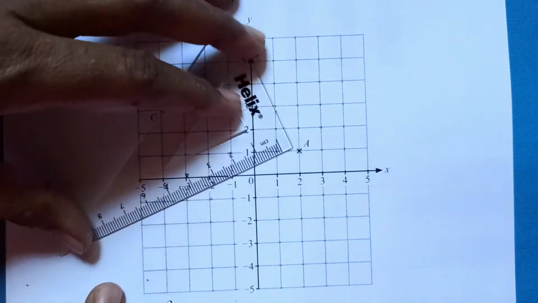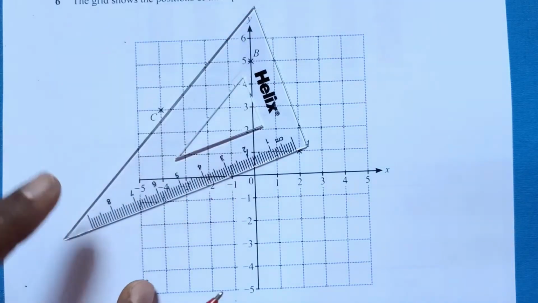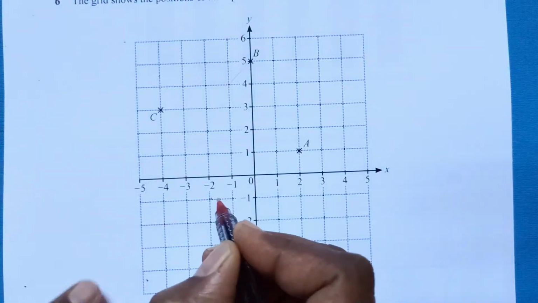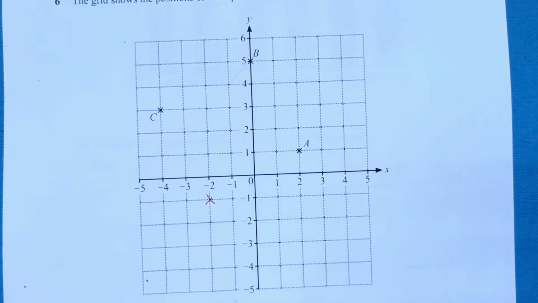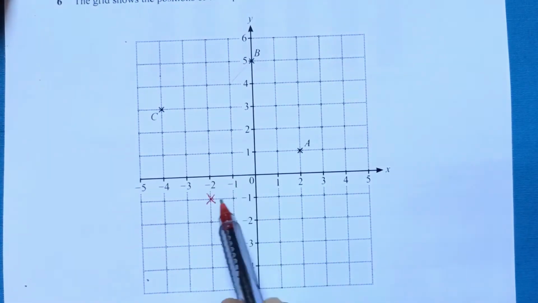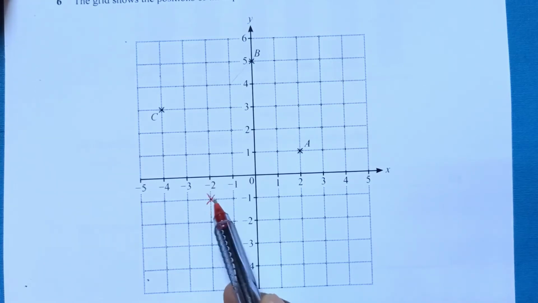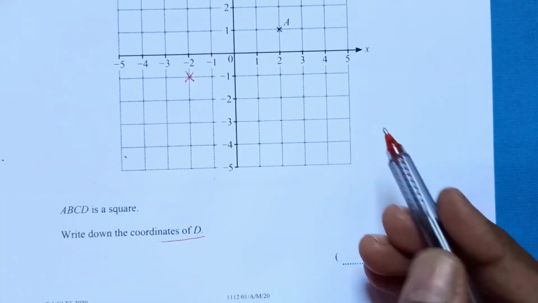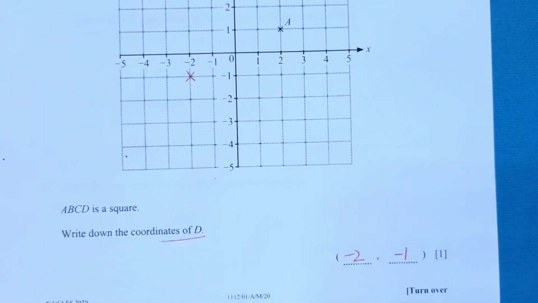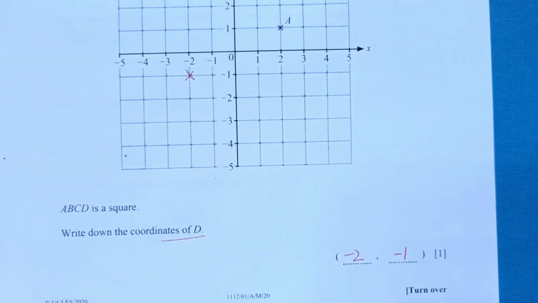Let's see the other side. Here also this is around 4. So this is the point. We are not told to draw the square. The coordinate is: first we are going to write down the x coordinate. X here is -2 and y is -1. So -2 and -1. So that's it.